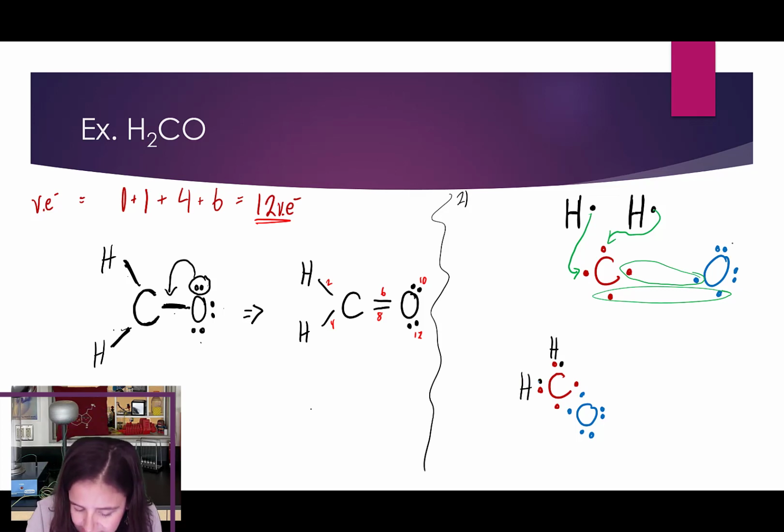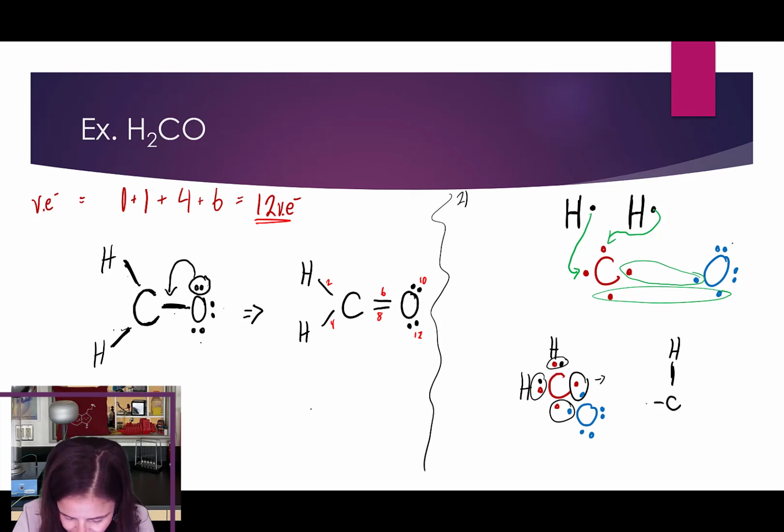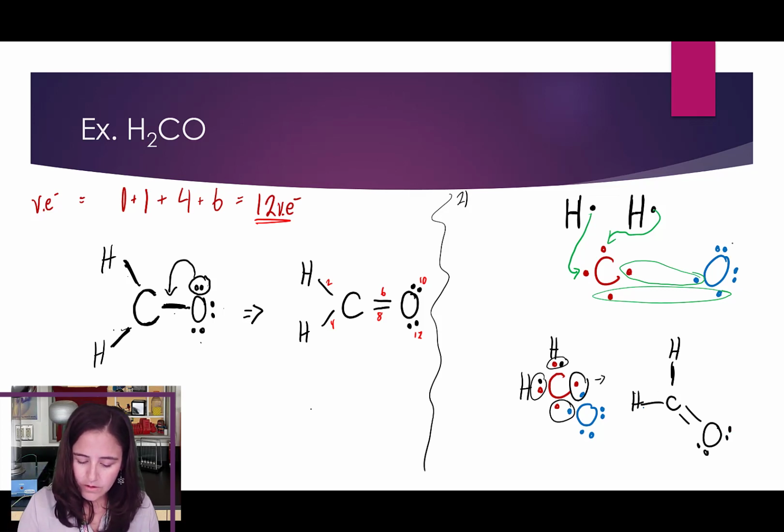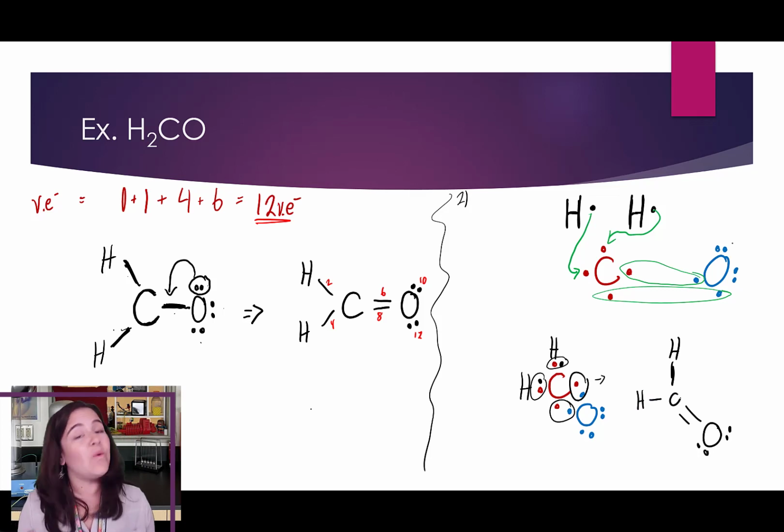So you can kind of see where the bonds come from. Each of these shared pairs becomes a line. And so we have the hydrogen connected to the carbon, connected to the hydrogen, with two lines connecting it to the oxygen. So just another way to represent that you might see.